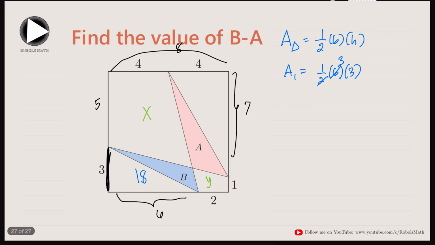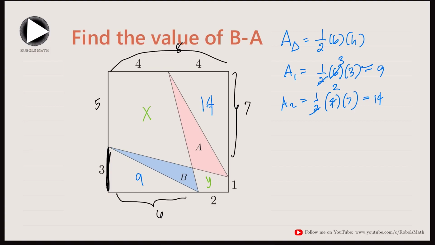Oops, sorry. This is 9. So we do the same for the other triangle. We get 1/2 times 4 times 7, which when we simplify is equal to 14. So this is 14.